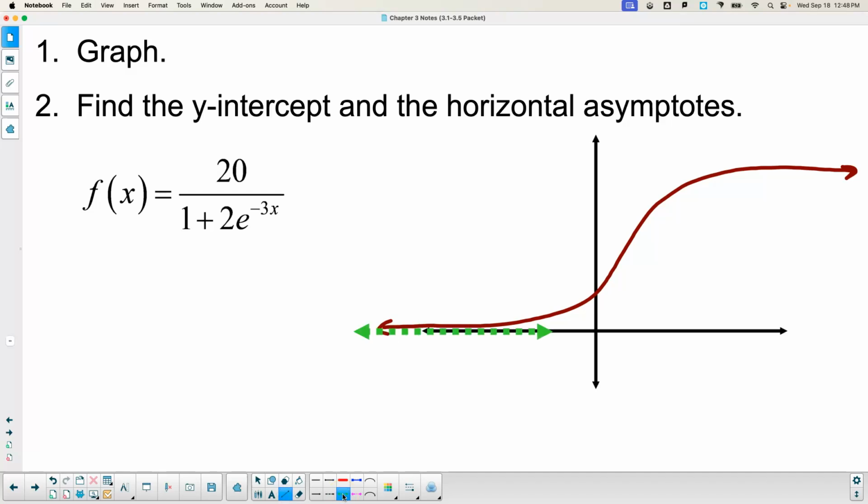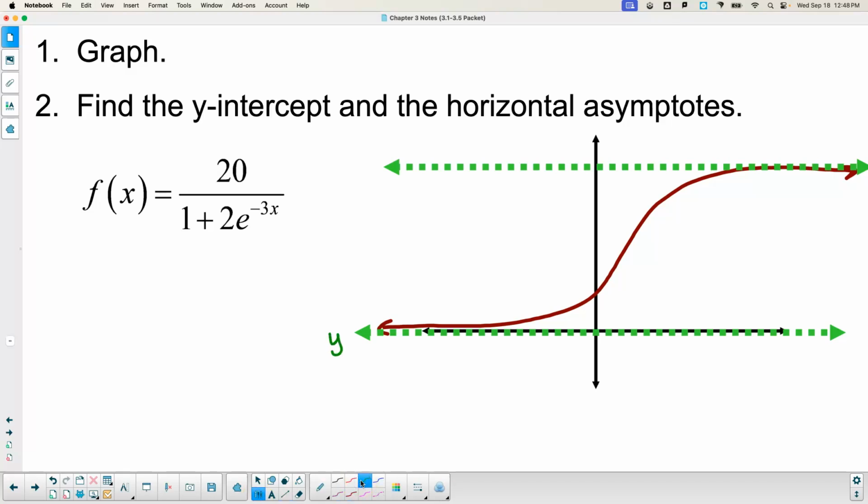Add in your asymptotes. Asymptote location is y equals 0 and y equals 20. Love it. Okay. Y-intercept, then, plug in 0.